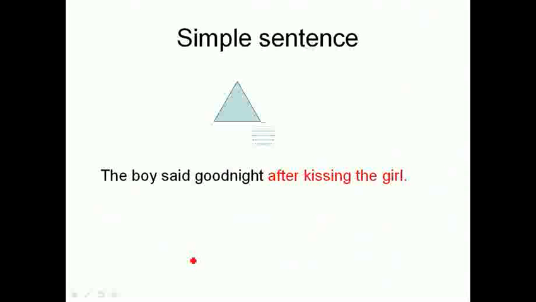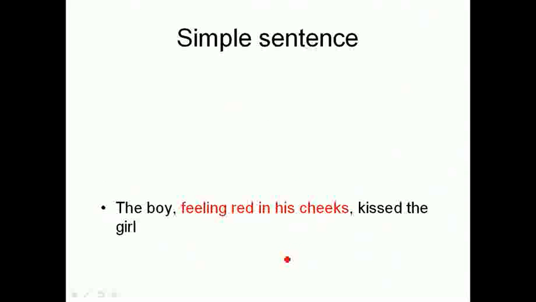Let's take another example. The boy said good night after kissing the girl. Now the position has been changed, and you could symbolize that in the following way. And you have the non-finite verb there this time.